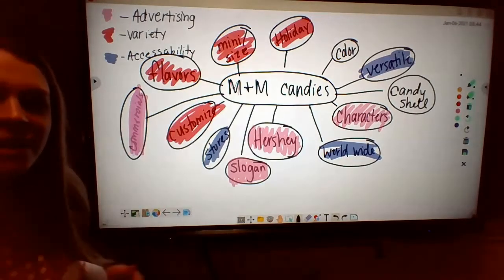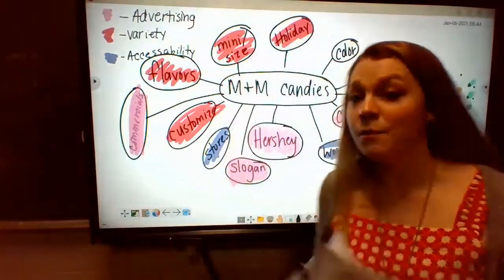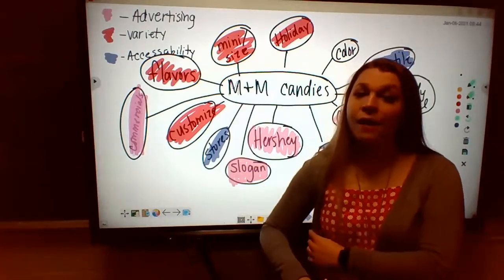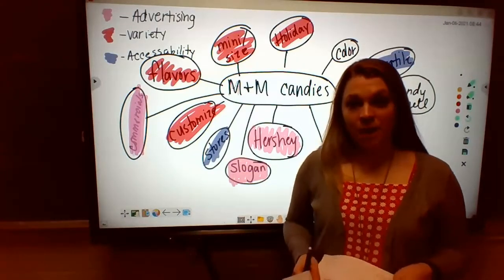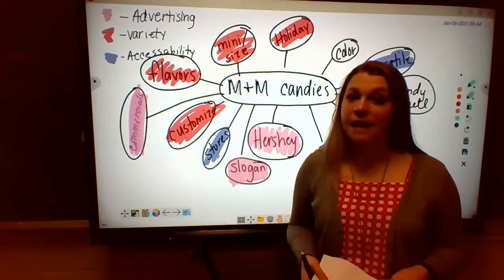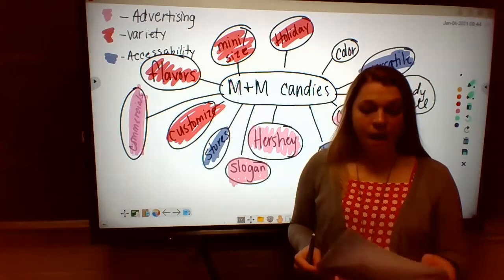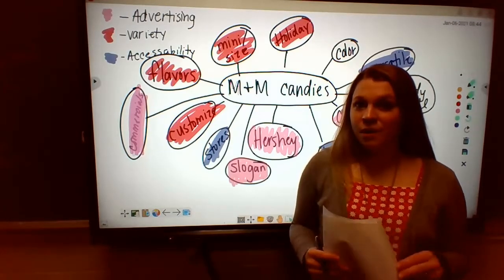And that took us 5 minutes to do. Right now we have our entire paper pretty much planned out. Not planned out, but we know what we're going to be talking about just from our brainstorming activity. That is why it is so important to do this. So that means that we can move on to our next step now.